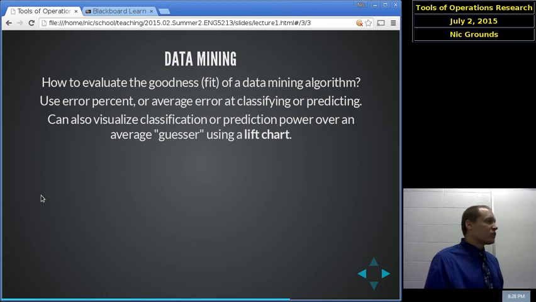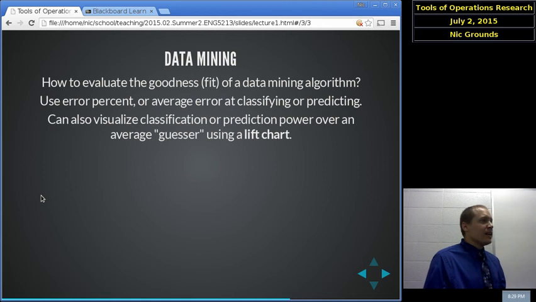Effectively, that's what a lift chart is going to visualize. It's going to draw a straight line representing the average guess or the average value, and then it's going to draw another line for the data mining algorithm, and what you want to see is that data mining algorithm line be higher than the straight line. If it goes lower than the straight line, it actually means it's doing worse than an average guess.